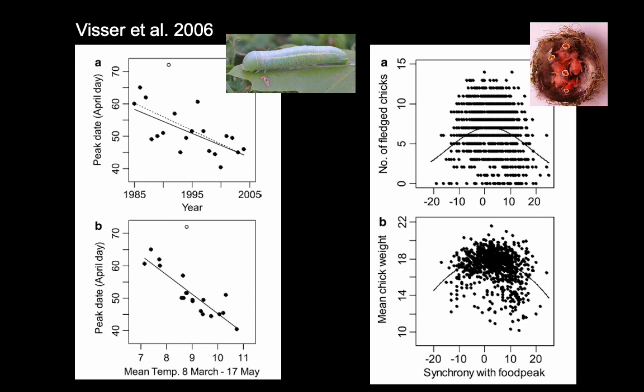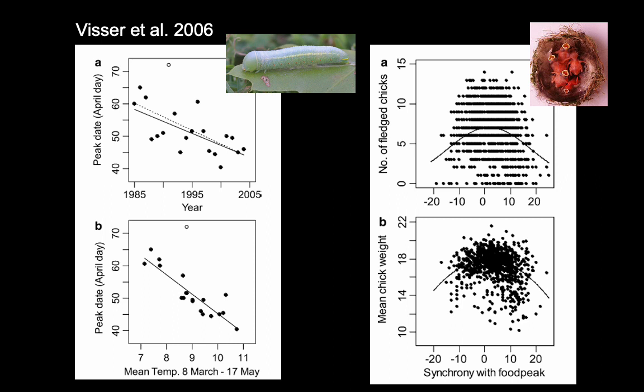We can see here it's impossible to get to even 10 chicks, let alone more. So we see this shape here. It's subtle, but we've got a wider base and a more narrow peak at the top. So as things become more mismatched, you have fewer chicks.